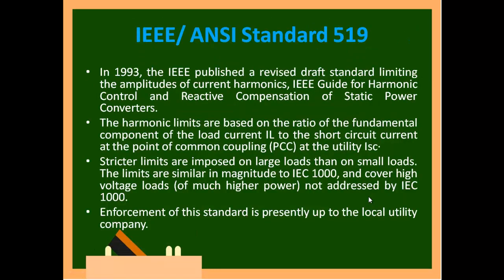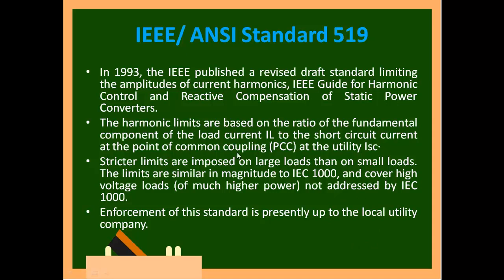Similarly, the next standard is IEEE. In 1993, around 11 years after the IEC standard was established, IEEE published its draft standard limiting the amplitude of current harmonics: IEEE guide for harmonic control and reactive compensation of static power converters. The harmonic limits are based on the ratio of the fundamental component of the load current IL to the short circuit current at the point of common coupling at the utility, ISC. You may be asked what is meant by PCC.